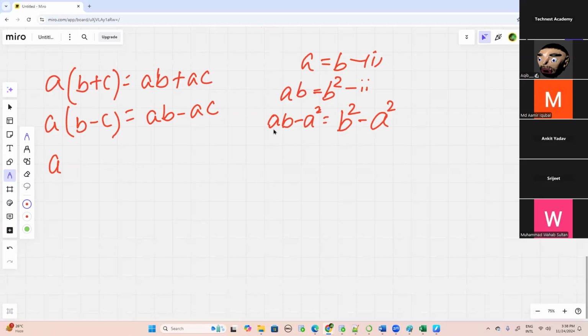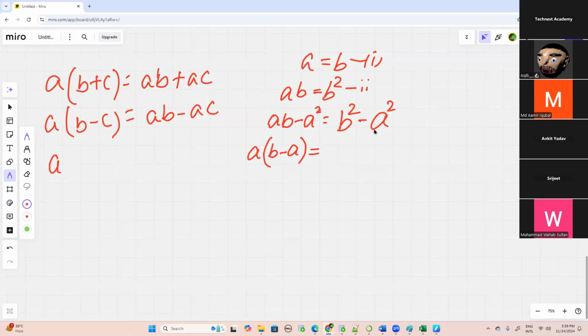Okay. Now what can I take common from here? A. So what will be left out here? B minus A. Now, what is the formula for B square minus A square?